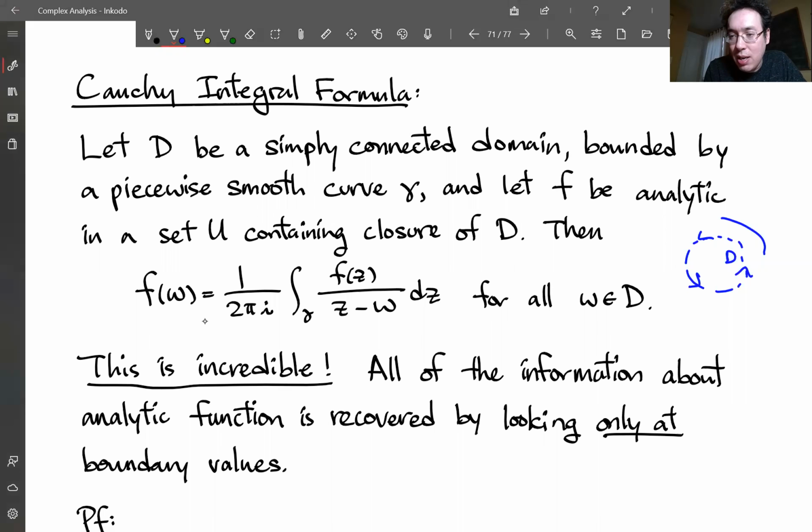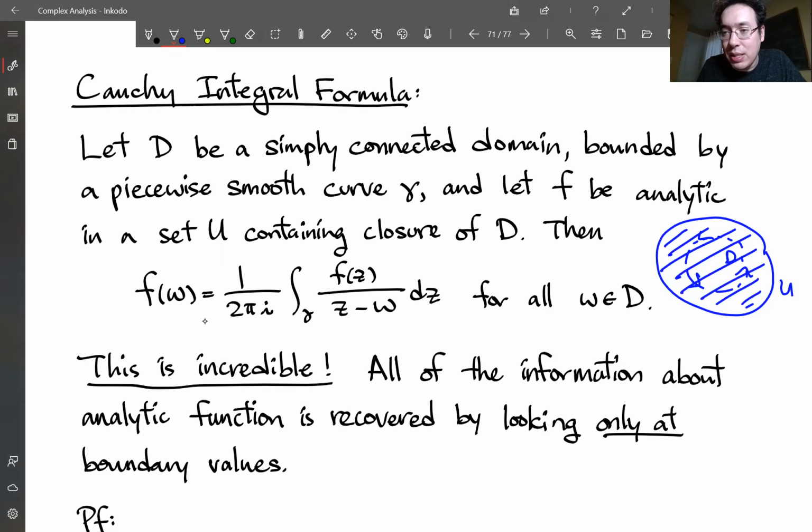So let's say we're sitting inside of a domain U, where the function itself is analytic, and that U has to cover the boundary of the set D. Okay, so let's say we're integrating along the outside of the domain D.